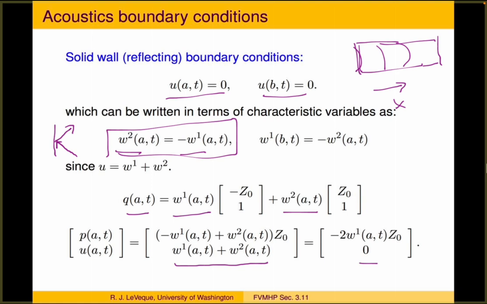And so we get a reflected wave. It has now a different wave speed. It's moving to the right instead of the left. It has a different eigenvector, and it has a different coefficient because we negated it as it reflects off the boundary.